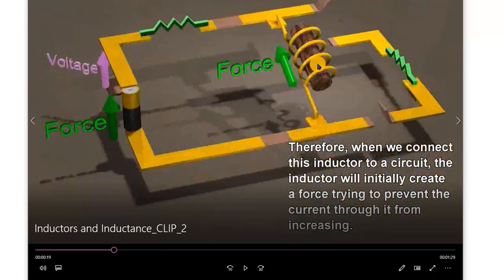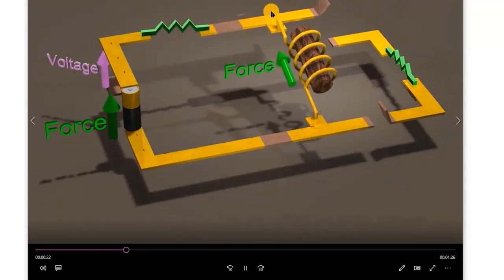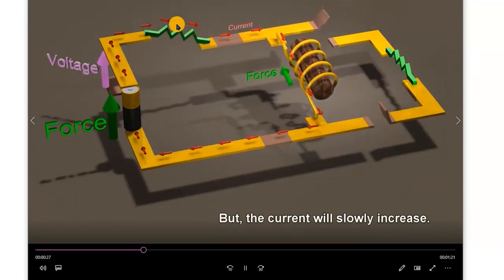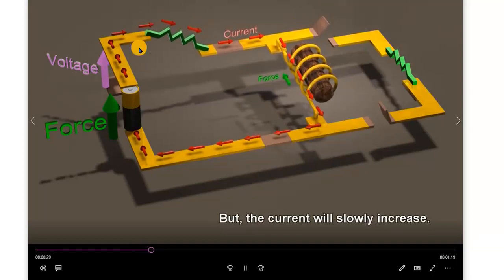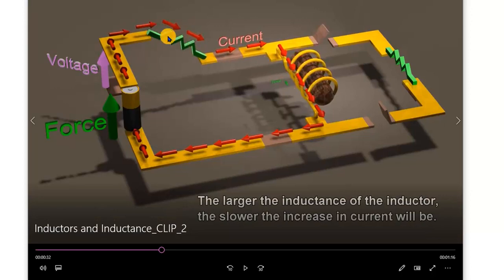But it will not last. It will gradually give in to the force that this one is supplying. So let's see what happens. Gradually, it starts decreasing its voltage, and this one takes over and starts driving current through the whole circuit. And as this one reduces, the current through this circuit now increases.